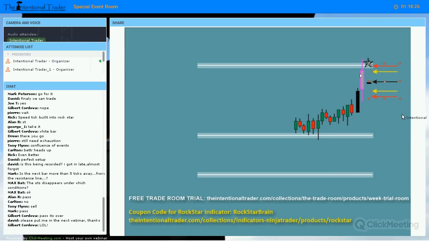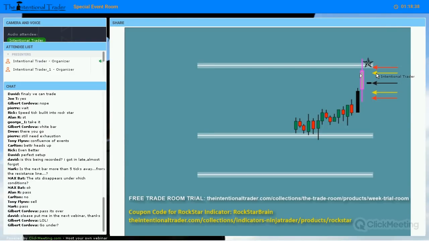Now, if I enter this trade here, that brick wall is too far away. This is my stop right here, because I see if I were entering this, this would be a short, right? I would be entering this to sell it here. I would be wanting to see this pull back here if I were going to take this trade.